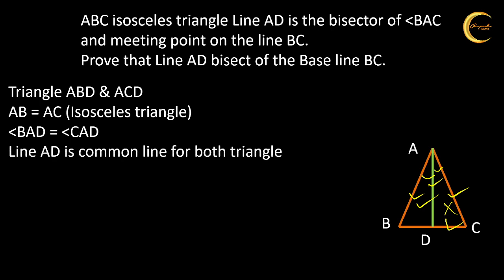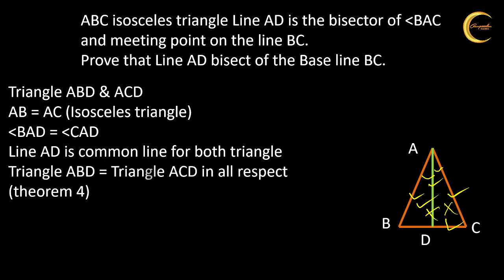Now you see this AD line is the common line of these two triangles, the BAD triangle and the CAD triangle. So now we can see these two triangles are equal in all respects. It is from the proof of theorem 4.